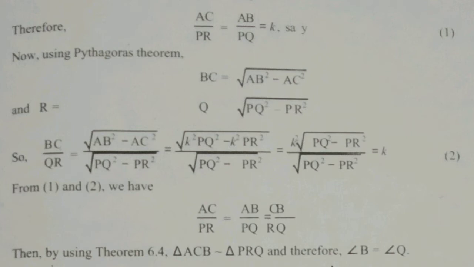So if we take the ratio BC upon QR and apply the values from equation 1, we get the ratio is equal to K. Therefore, from 1 and 2, we get that all the three ratios are equal to K, or in other words, the ratios of the corresponding sides of the two triangles are equal.